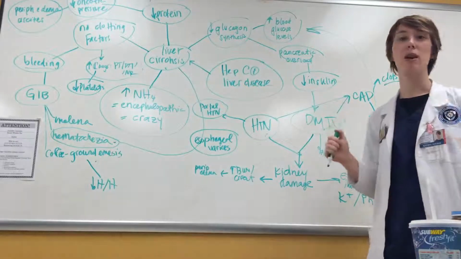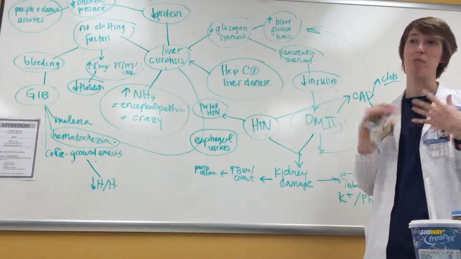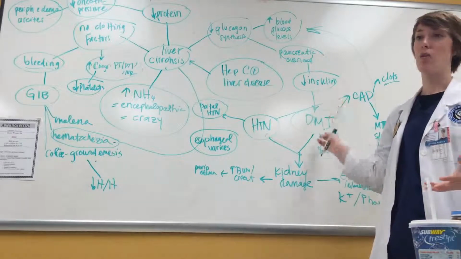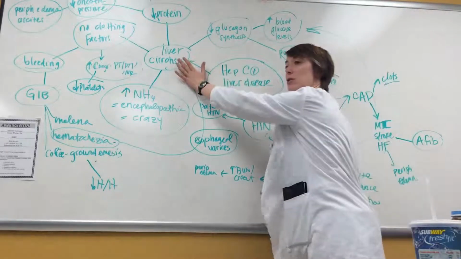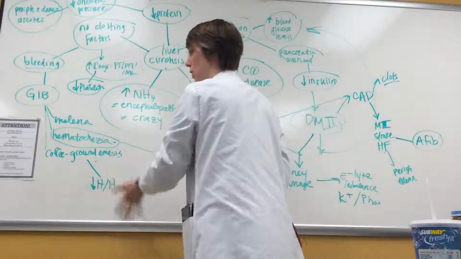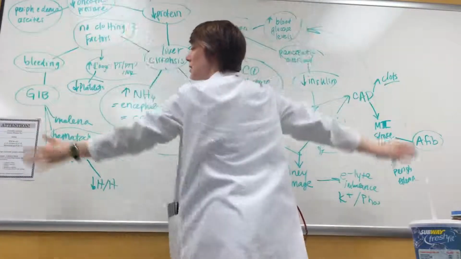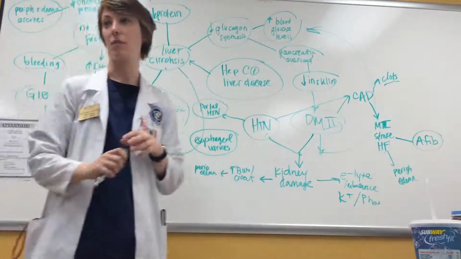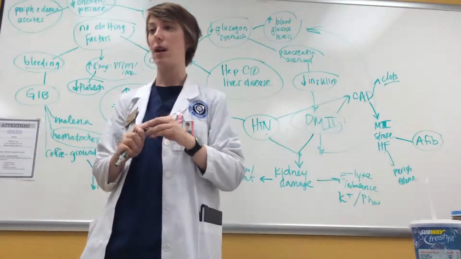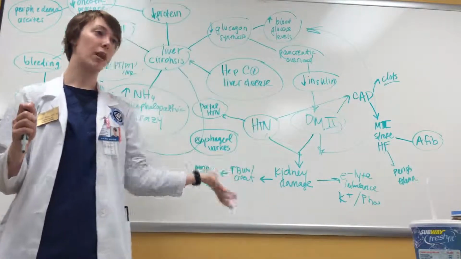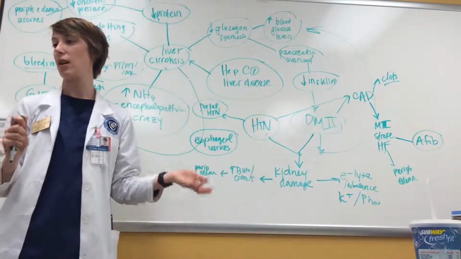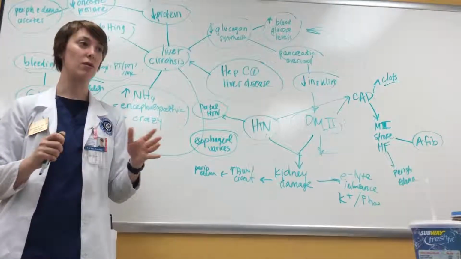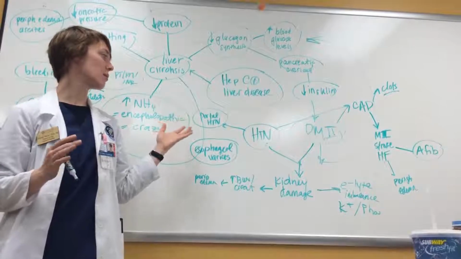But this is a great way for me, and maybe for you too, to understand the why and the how of what your patient's here for, what that can lead to, and what kinds of signs and symptoms you're seeing in labs and in your physical assessment. That way you have a really clear idea of what your patient's actually facing, and you get a chance to talk it out a few times.